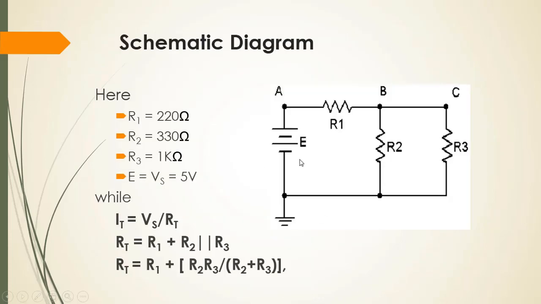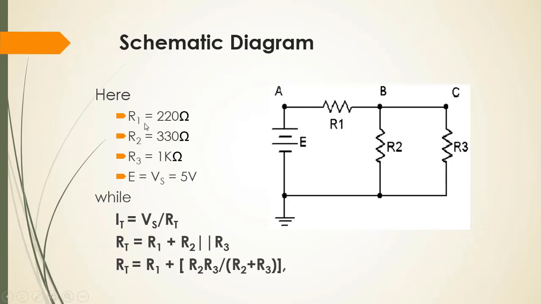The schematic diagram through which we will perform our experiment consists of 3 different resistances, labeled R1, R2 and R3, and a power supply. Here you can see that R1 is in series with a pair of resistances R2 and R3 which are in parallel.